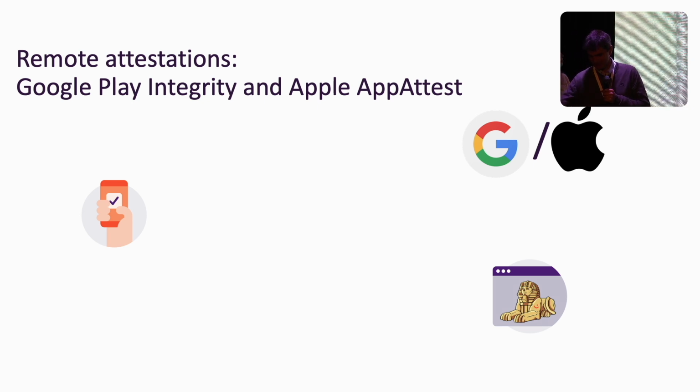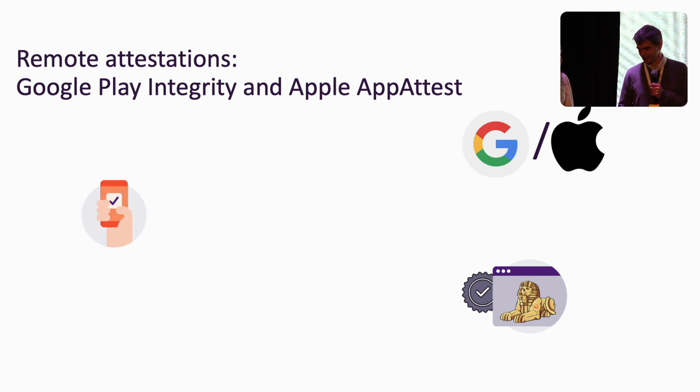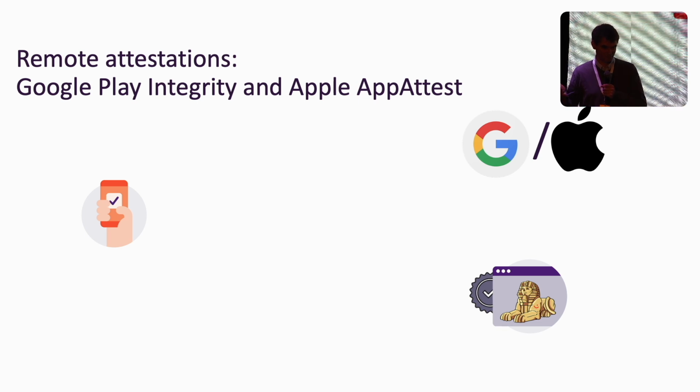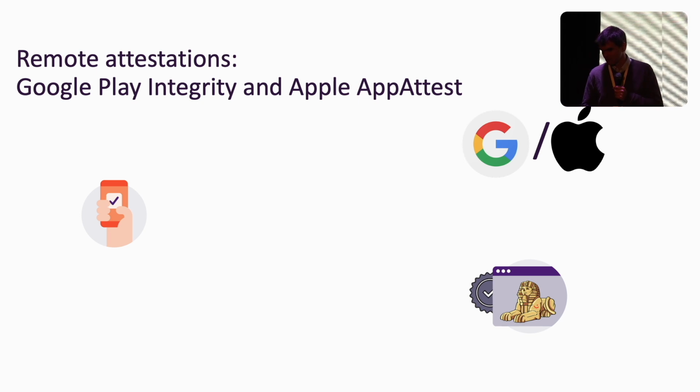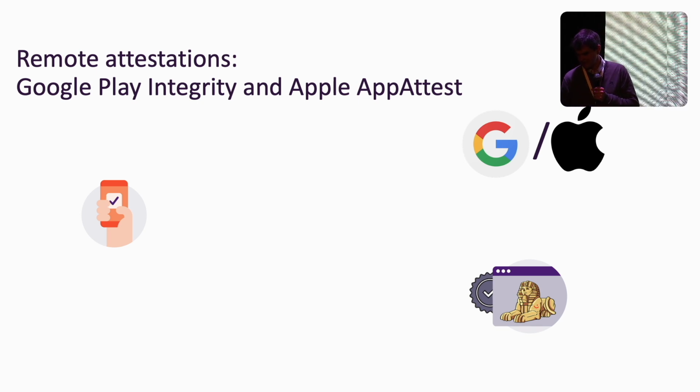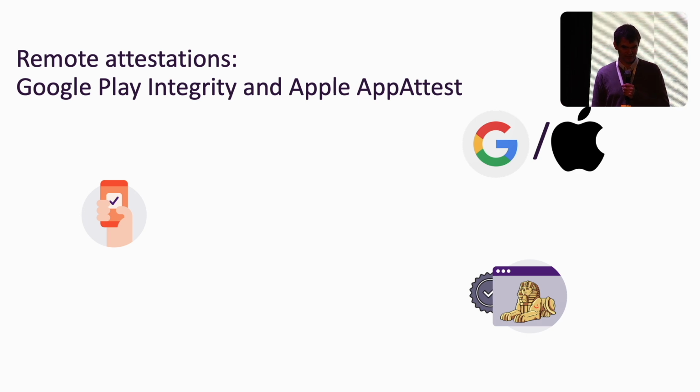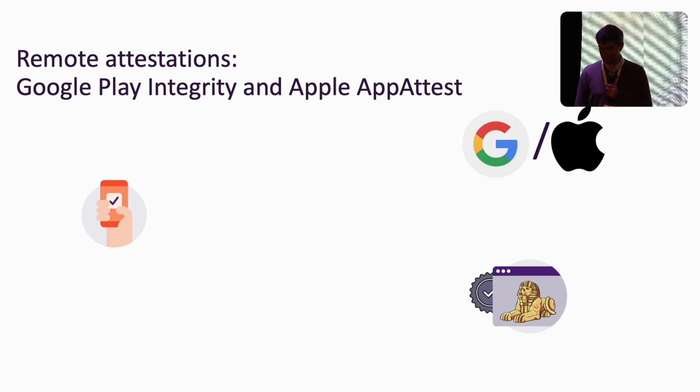So the app will basically make a request to Google or Apple, and that response will then be sent to the Vipps APIs, and we will validate that it really came from Google or Apple, and that the information inside says that this device and app can be trusted. And if this check fails, then the device is blocked from speaking with the Vipps APIs.